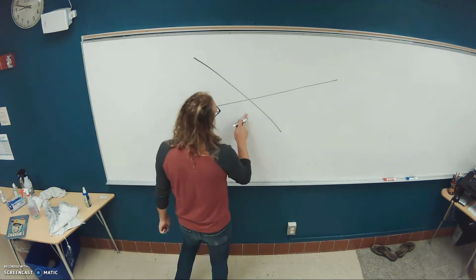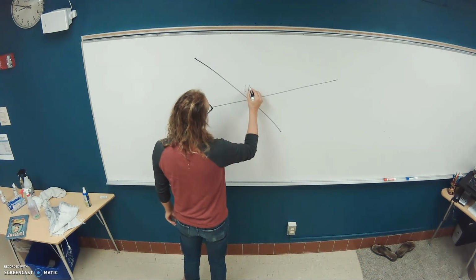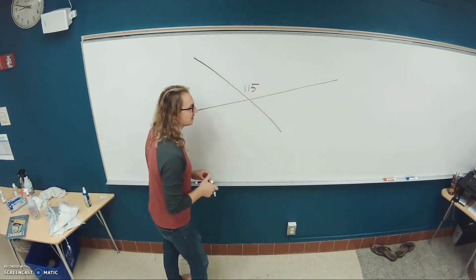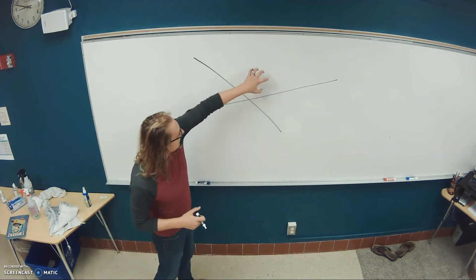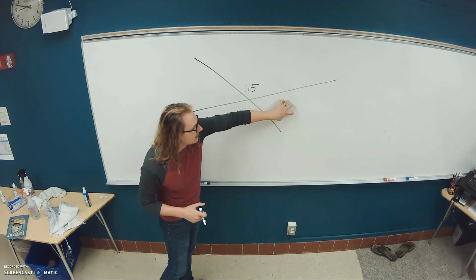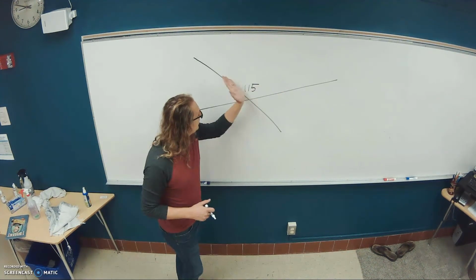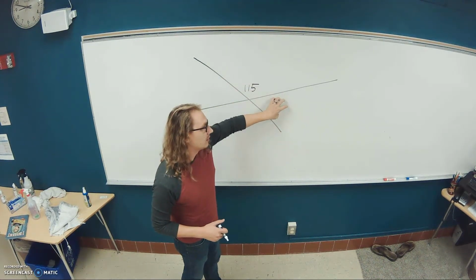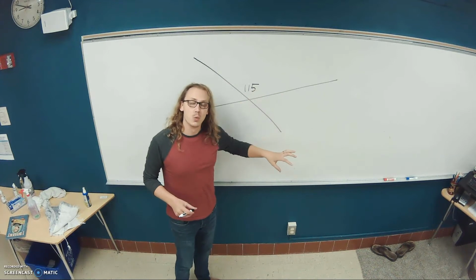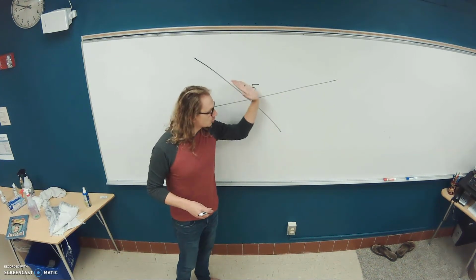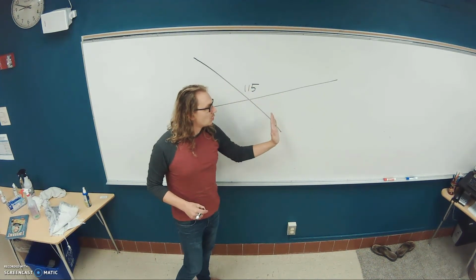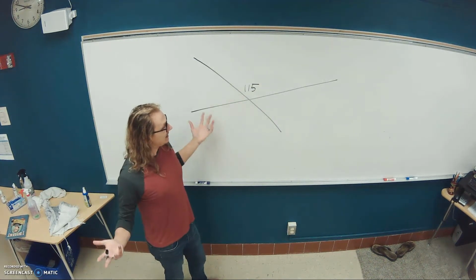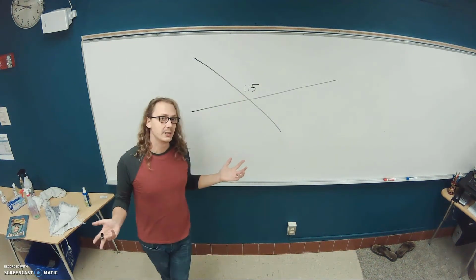And these four angles actually have some interesting properties. If I, for example, say that this angle is 115 degrees, then I can look at this second angle and say, well, this is a line, so this angle and this angle must add together to be 180 degrees, because that's a straight line. So 115 plus what gives me 180?